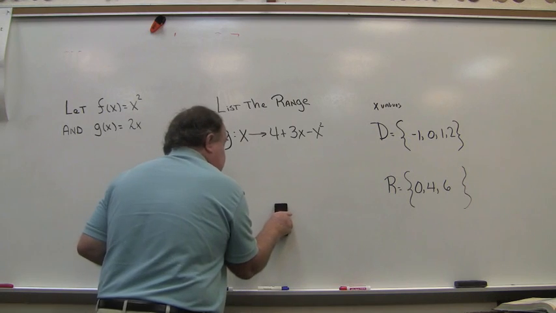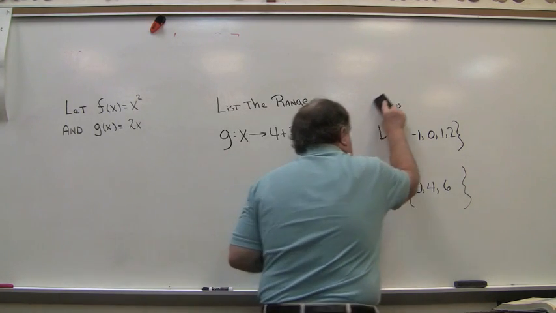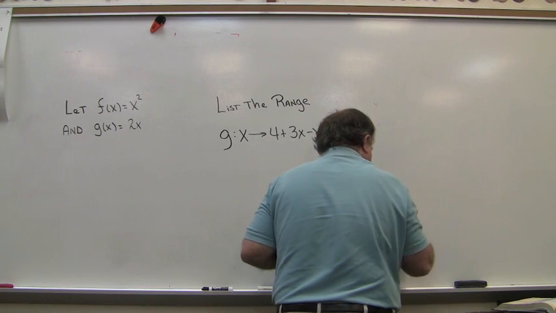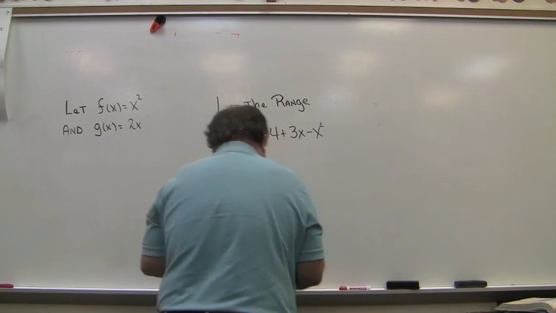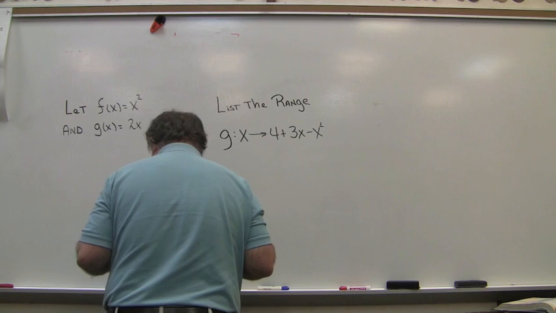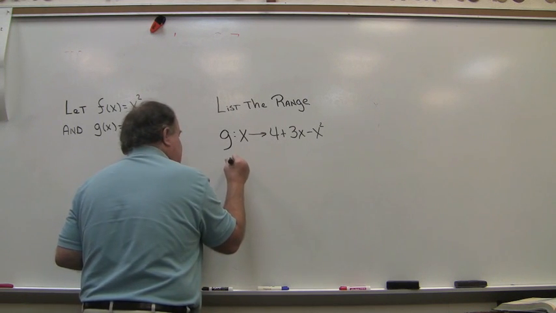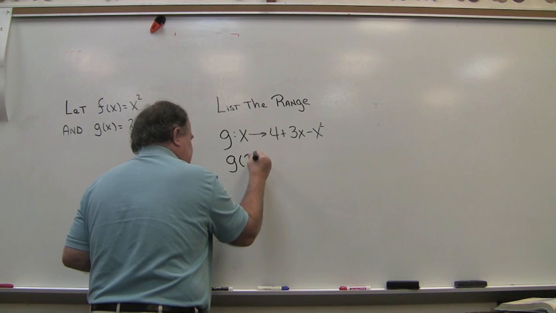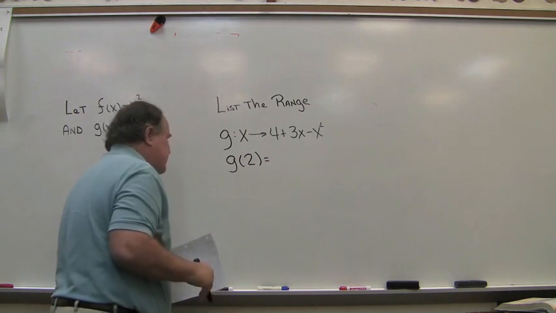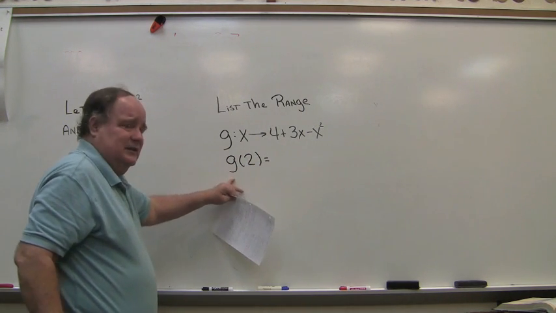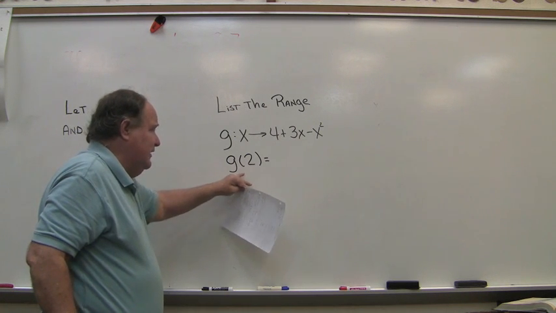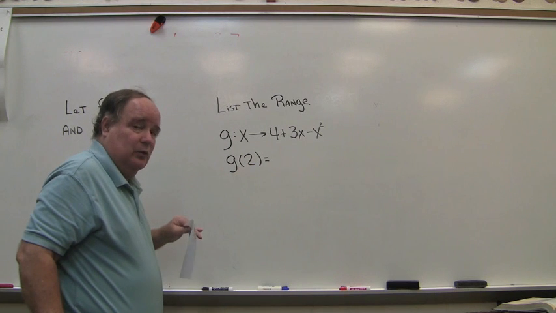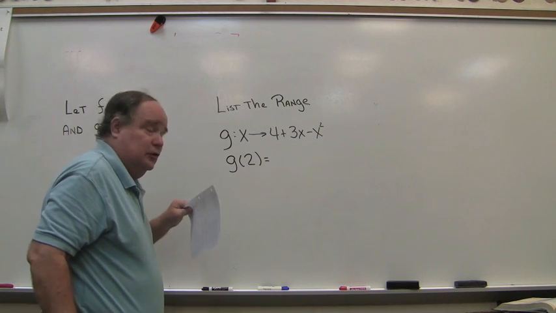We're going to look for our values. It says if you had this equation, and they write this, what is g of 2? I know this looks strange. What this means is that everywhere you have an x, you plug in 2 and you solve the equation, and the answer is going to be what g of 2 equals.